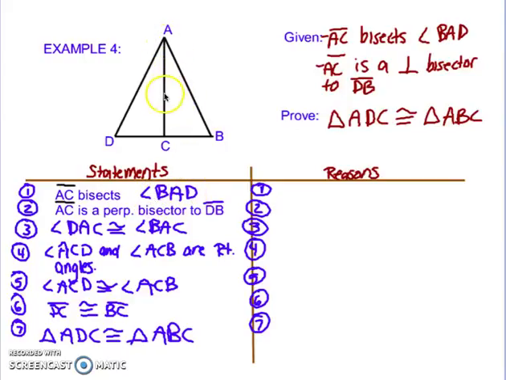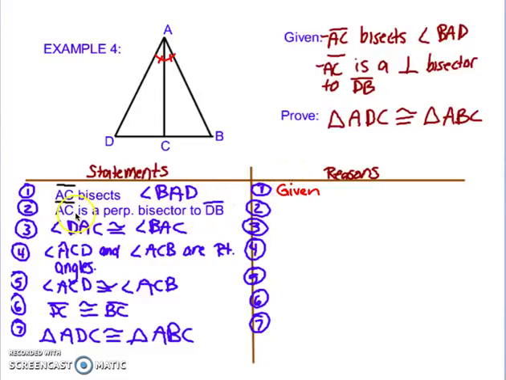So here we have segment AC, and it's telling us that that is bisecting angle BAD. So we could even draw that in here. And for this statement, we should write that that was given, because it told us that right up here, that AC bisects angle BAD.